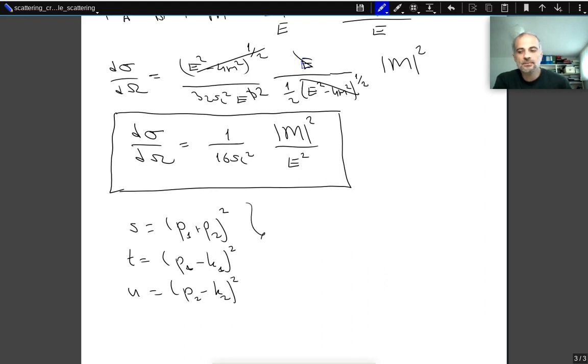So we define these variables, which are called Mandelstam variables, and we express everything in terms of these variables.